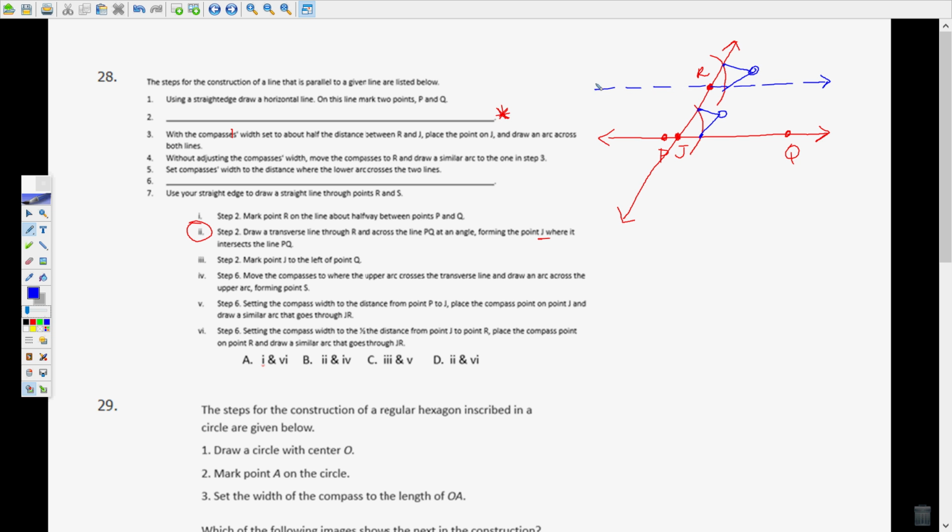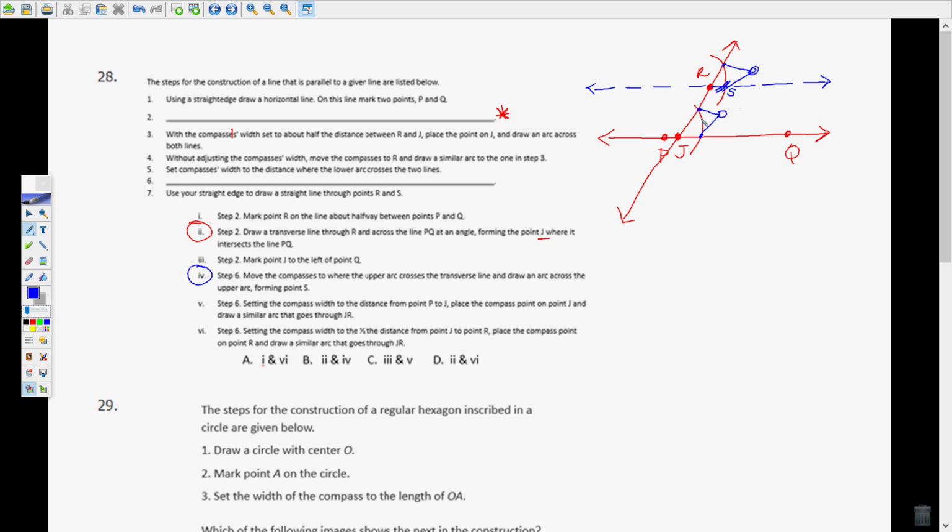to the PQ there. Okay, so the step that we're missing is move the compass to where the upper arc crosses the transversal and draw an arc across the upper arc, forming point S. So they wanted us to call this point S here. That's that arc that's formed by this compass opening here.